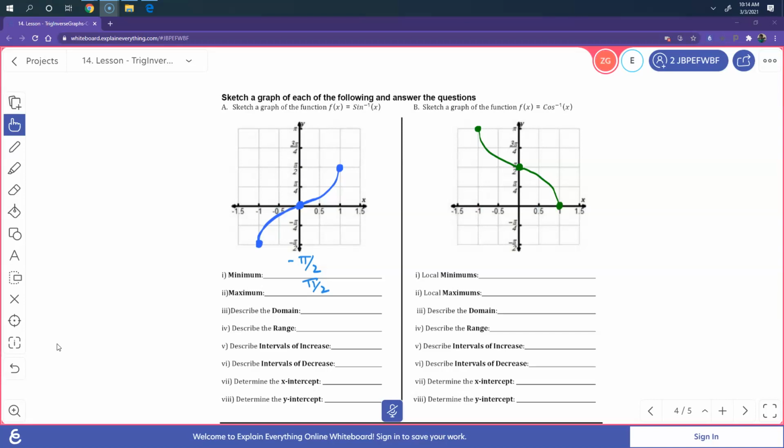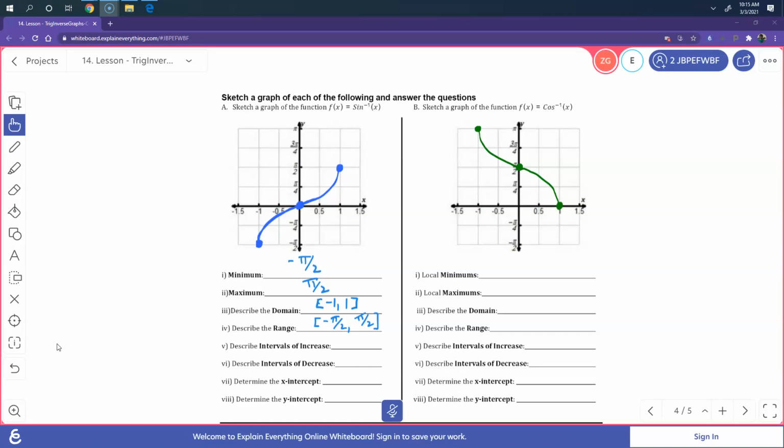Of course, we restricted the domain, so it's going to go from -1 to 1. Therefore, the range will go from -pi/2 to pi/2, and that's going to be really important, because anytime that we use this function, it's going to fall between -90 and 90 degrees, or -pi/2 and pi/2. In other words, it's going to be restricted to those y values.